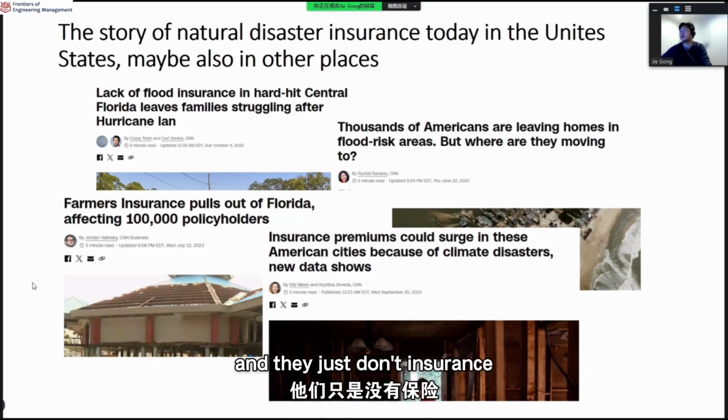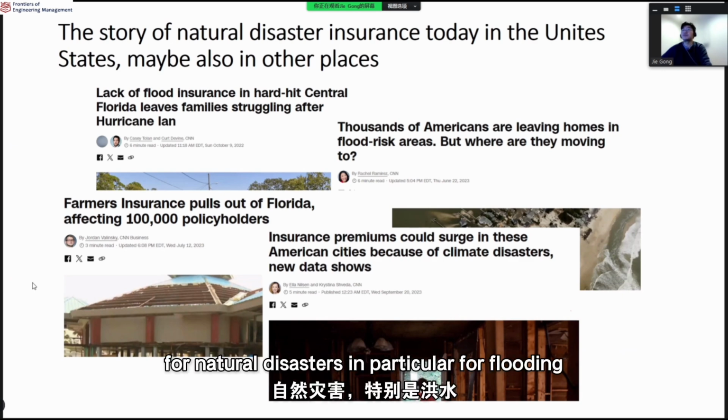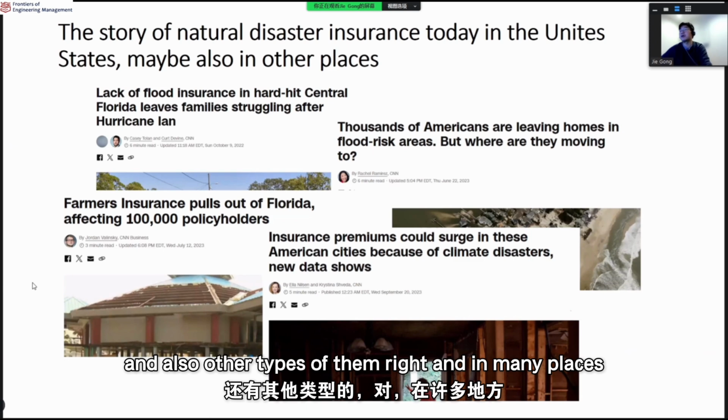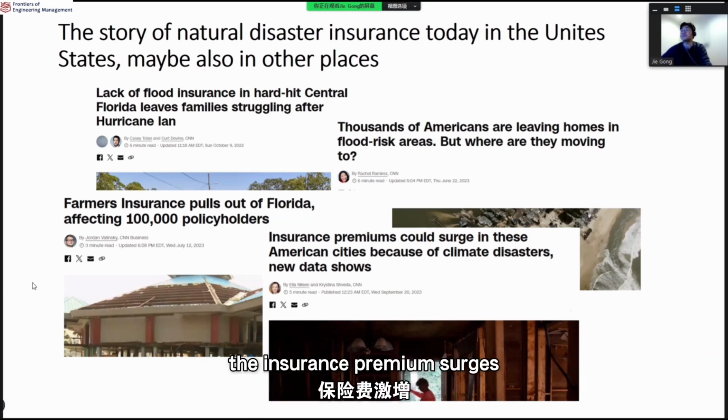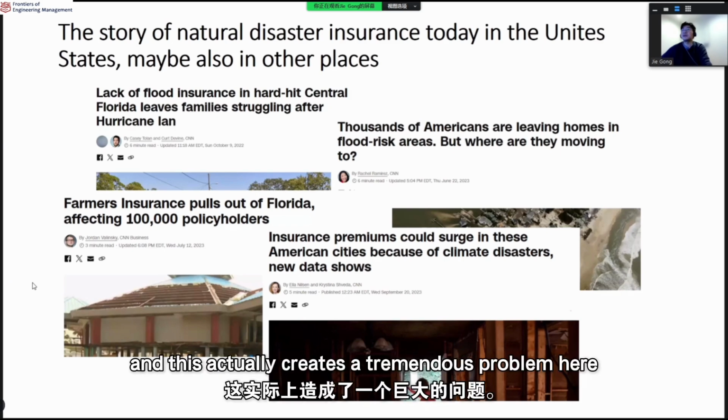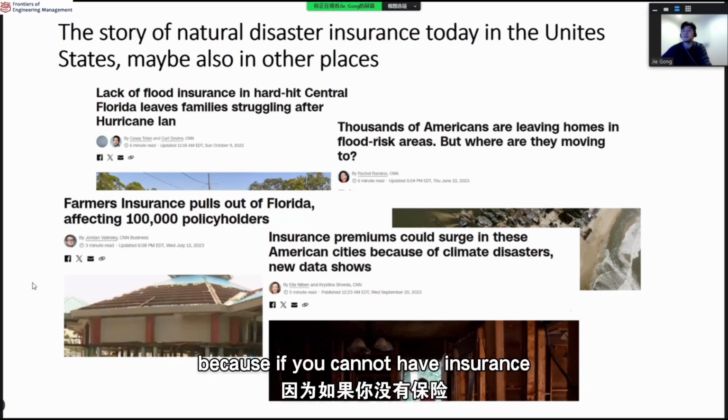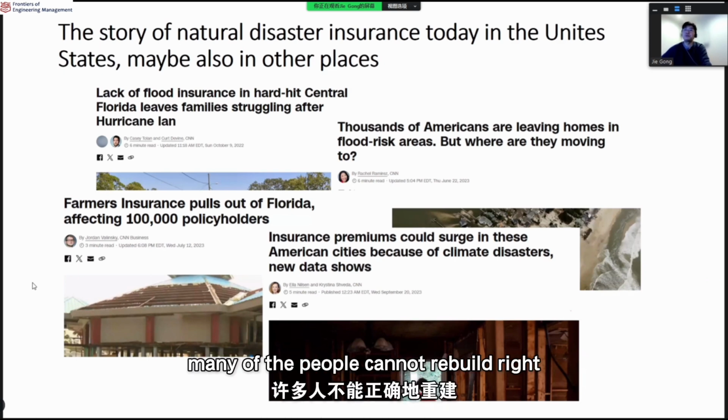Florida, California, they just don't insure any kind of properties in those areas for natural disasters, in particular for flooding and other types, right? And in many places the insurance premium surges, and this creates a tremendous problem, because if you cannot have insurance, many people cannot rebuild, right?